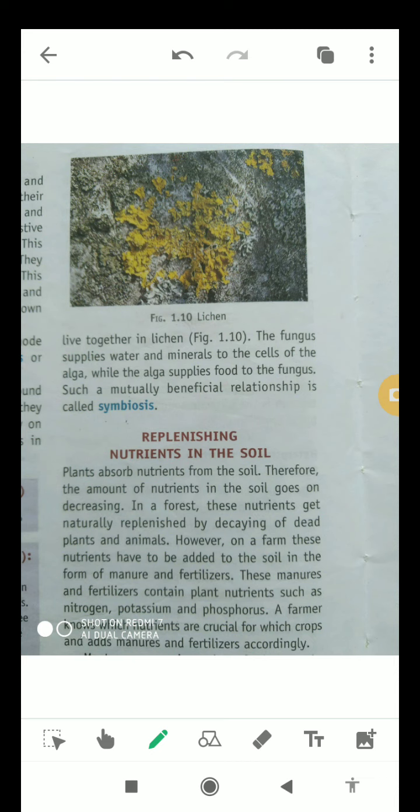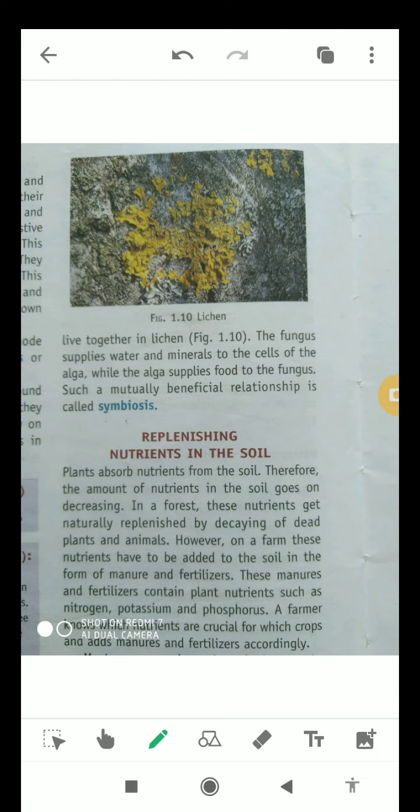However, on a farm, in a normal field, the nutrients have to be added into the soil in the form of manure or fertilizers. So that's why farmers use manure and fertilizers in the soil in order to make the soil fertile for a longer period of time. Okay students, because fertilizers and manure help the plants to grow better.